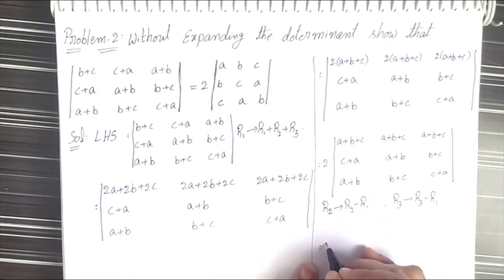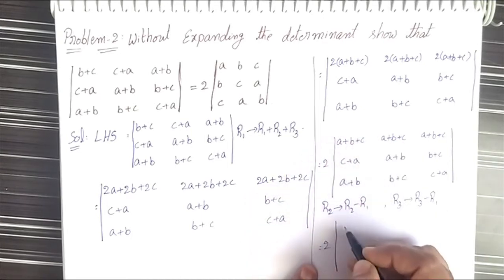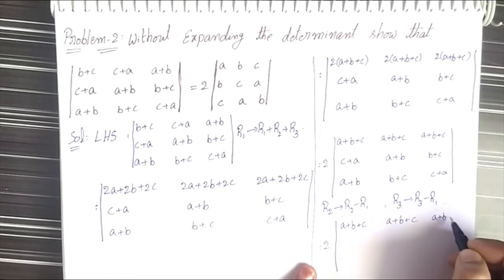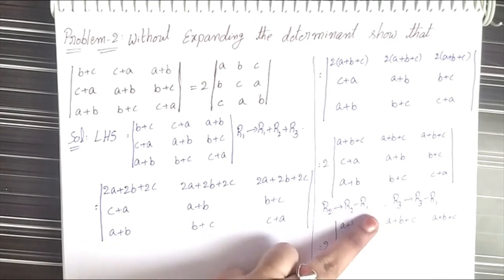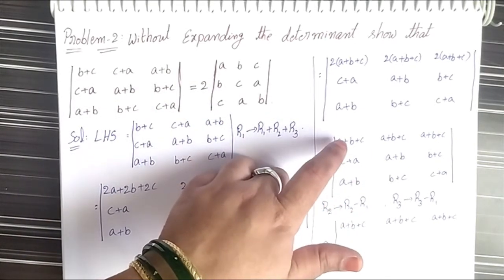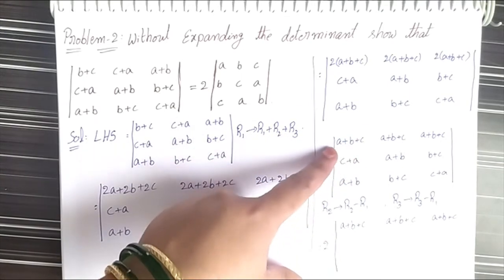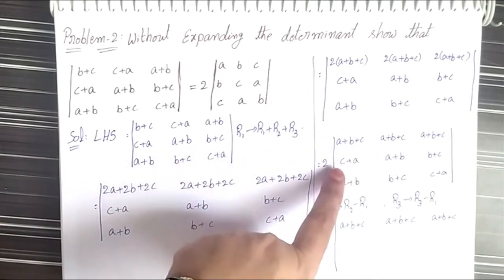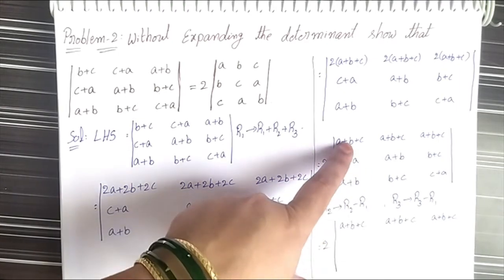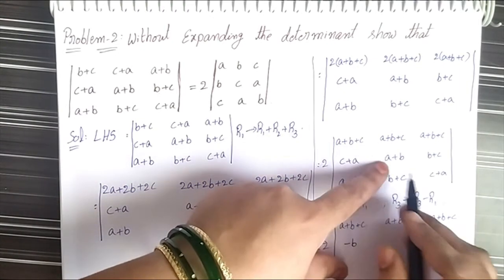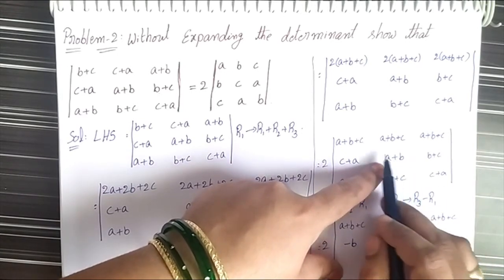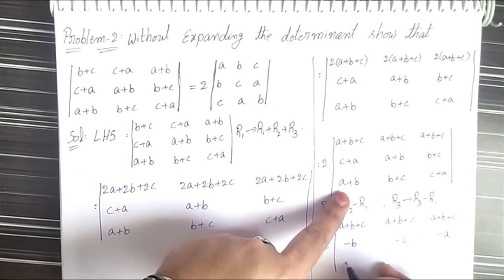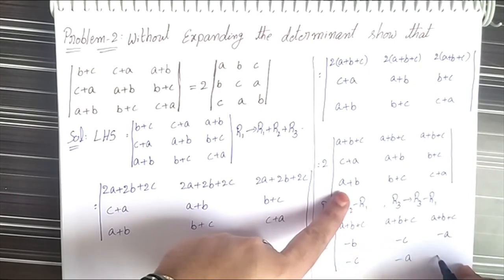That is equal to 2 into the determinant. The first row is the same: a plus b plus c in each entry. In R2 minus R1, the entries become c plus a minus a minus b minus c, where c and a cancel, leaving minus b. Here also a and b cancel, leaving minus c, and similarly minus a. In the third row, likewise, we get minus c, minus a, minus b.